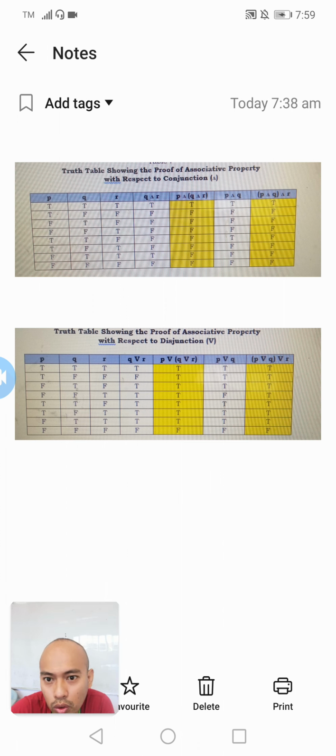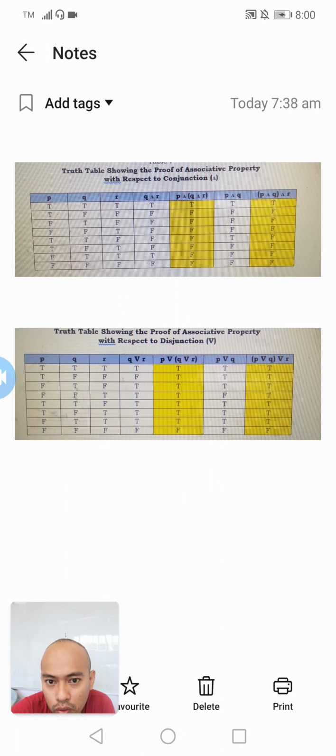P is true, Q is true. Following the rule, at least one is true, so we can say it is a true compound statement. P is true and Q is false, that is in the second row. We will connect them through the disjunction operation. One is true, so we can say it is a true compound statement. Together with the third row, which is F for P and true for Q, we will be having true.